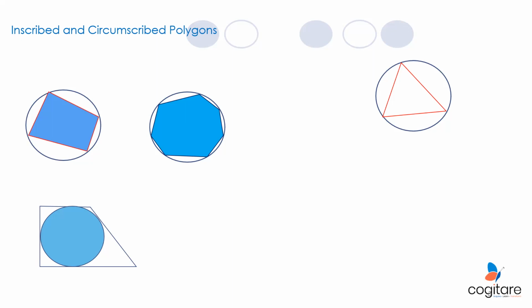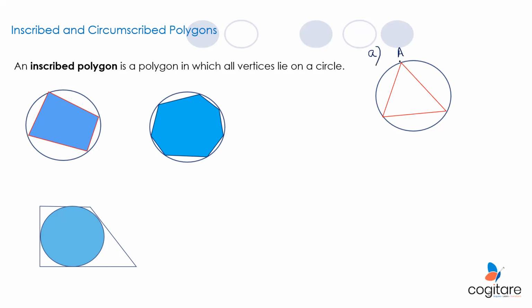What do we mean by this? It's pretty straightforward. An inscribed polygon, as the name suggests, is a polygon in which all vertices lie on a circle. So in figure A out here, we have a polygon which is a triangle ABC that sits inside a circle because all the vertices of this triangle are on the circumference of the circle.